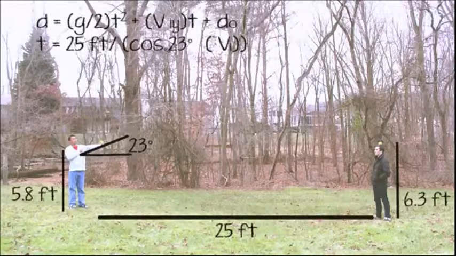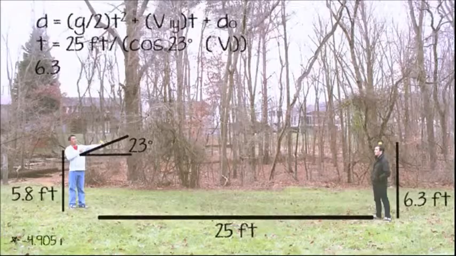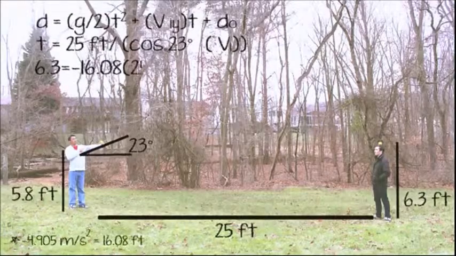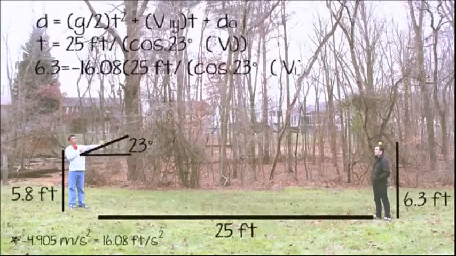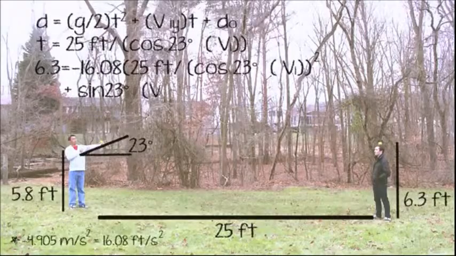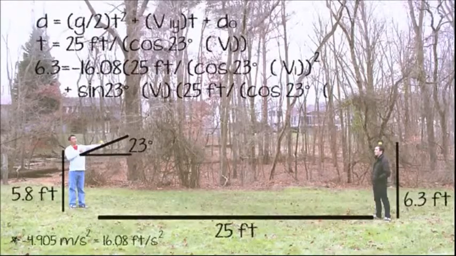This allows us to set up the equation: 6.3 equals negative 16.08 times 25 over the cosine of 23 degrees times initial velocity, squared, plus the sine of 23 degrees times the initial velocity times 25 over the cosine of 23 degrees times initial velocity, plus 5.8.